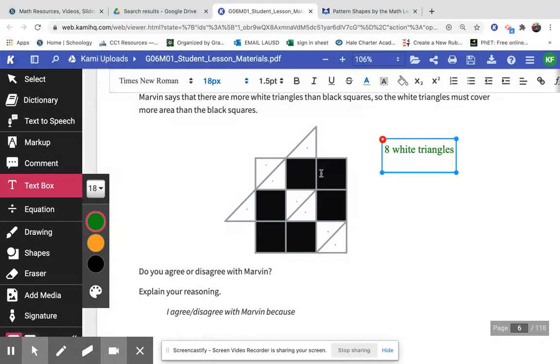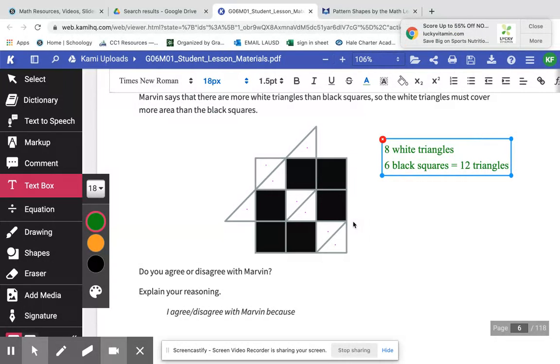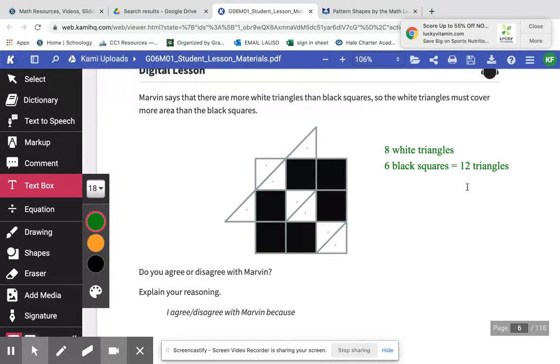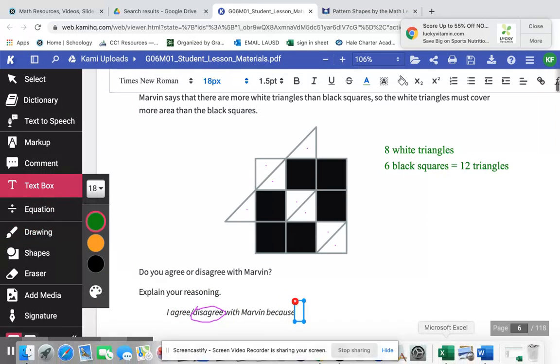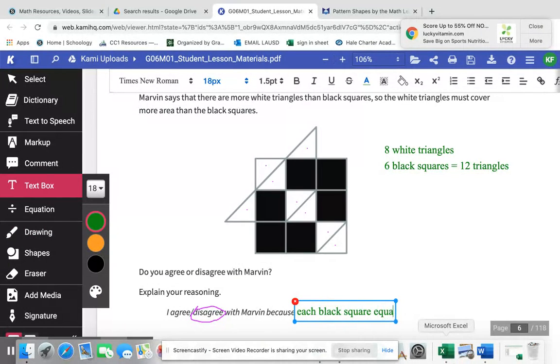Let's count them. There's 3 here, 3 here is 6. 6 black squares, which equals 12 white triangles. Or just 12 triangles, right? Because in each square, there's 2 triangles. So therefore, I disagree with Marvin. So I would take my drawing tool and circle disagree. I disagree with Marvin because each black square equals 2 triangles.